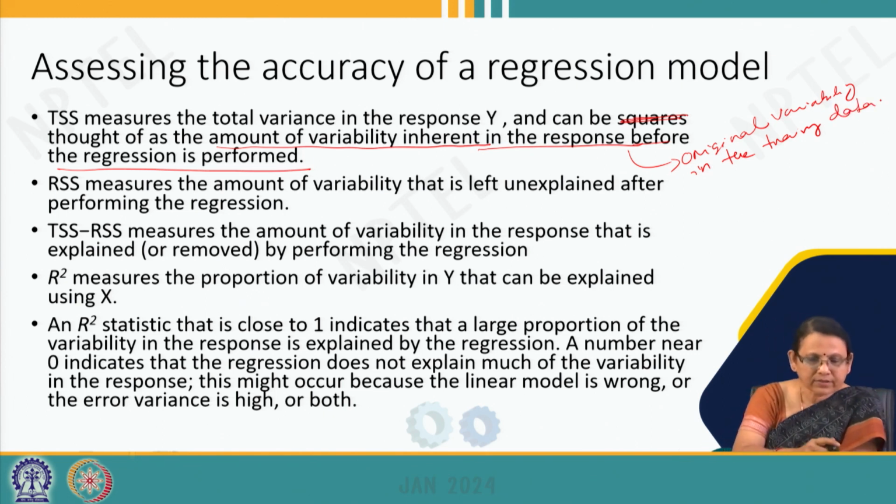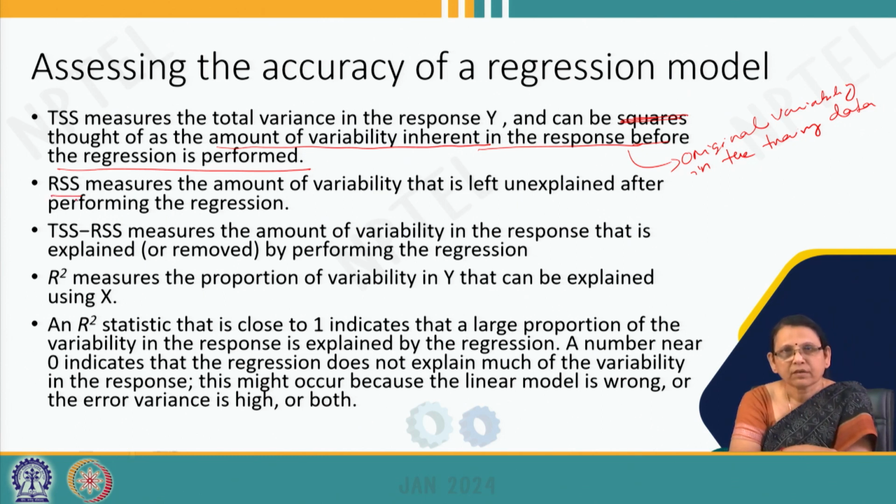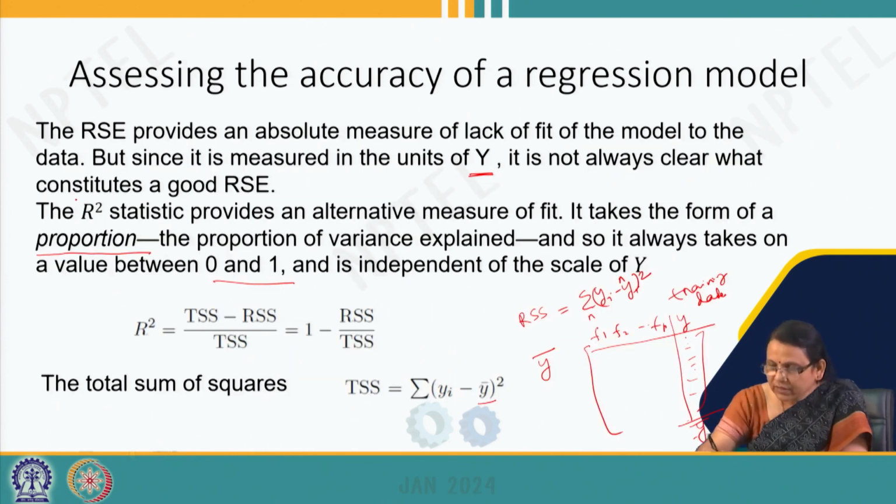Whereas RSS, the residual sum of squares, measures the amount of variability that is left unexplained after performing the regression. So, what was it? This was y hat, and we had this RSS, which is basically y minus y hat.